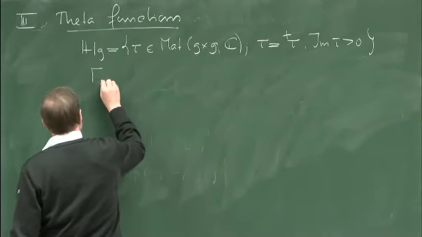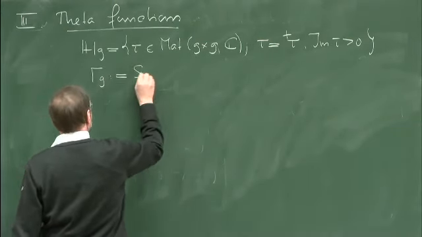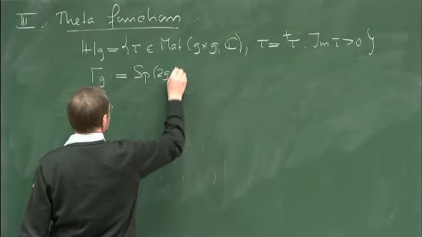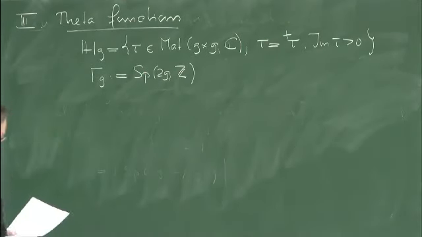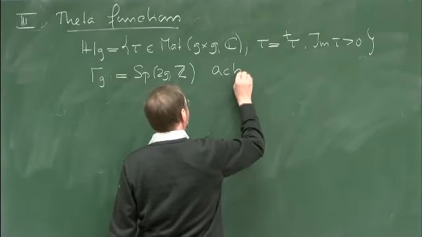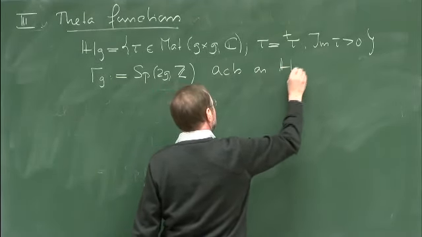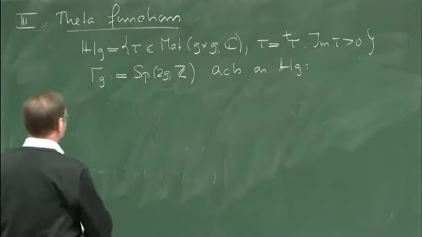And then we have the group gamma, which is Sp(2g, Z), whether g or 2g is always a matter of notation. That acts on H_g in the usual way.